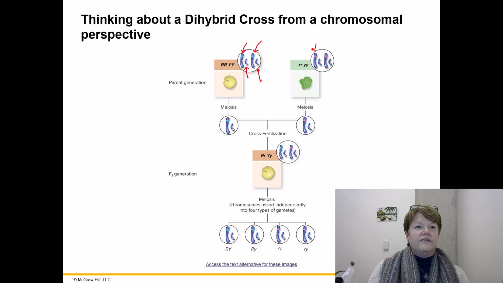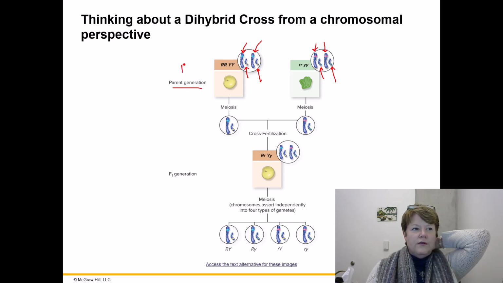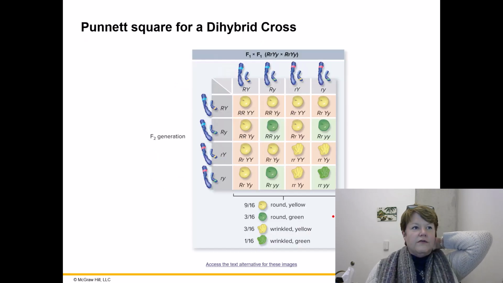And then the little r is the red stripe on the large chromosome, and the little y is the green stripe, yeah, green stripe on the little chromosome. Meiosis will make only one kind of gamete from each of the P1 plants. But when you get here, you have this F1 that is big R, big Y, little y. And then when you self-fertilize that, that's when you get all kinds of offspring.